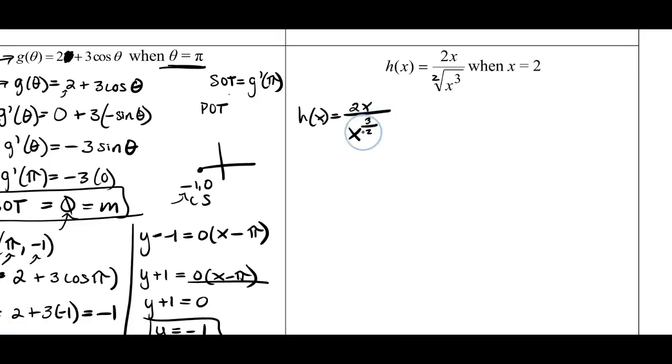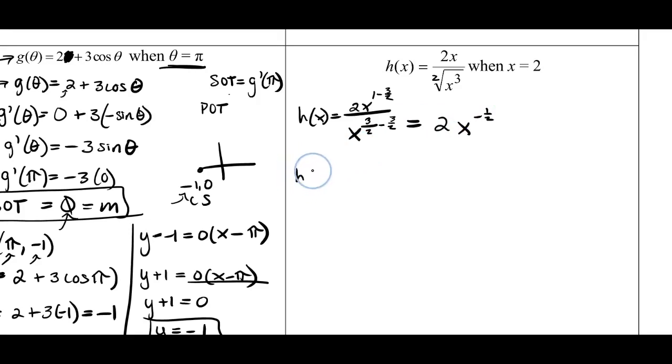And to put that in polynomial form, I'll divide top and bottom by x to the 3/2, which will give me 2x to the negative 1/2. This is now a polynomial form.